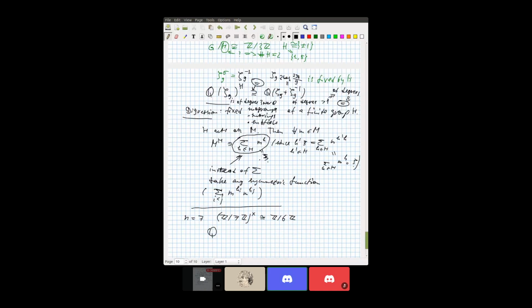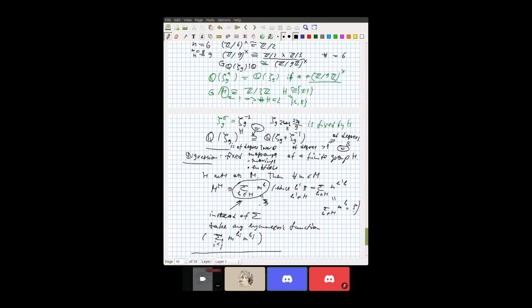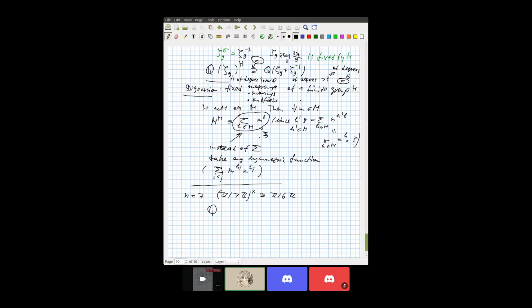You see, like here, we were not looking for a subgroup of order 3, but for a quotient of order 3, so we were looking for a subgroup of order 2. Here we have a subgroup of order 2 that consists of 0 and 3.